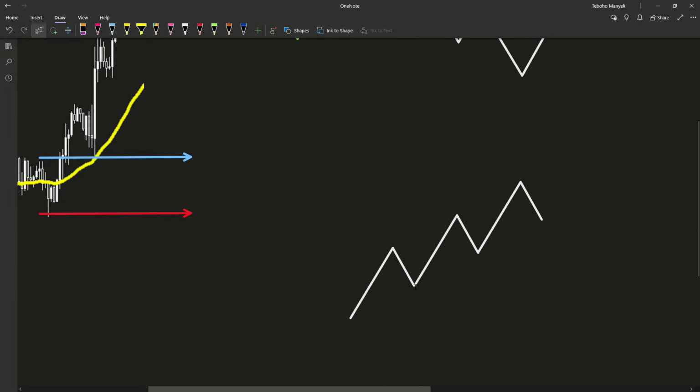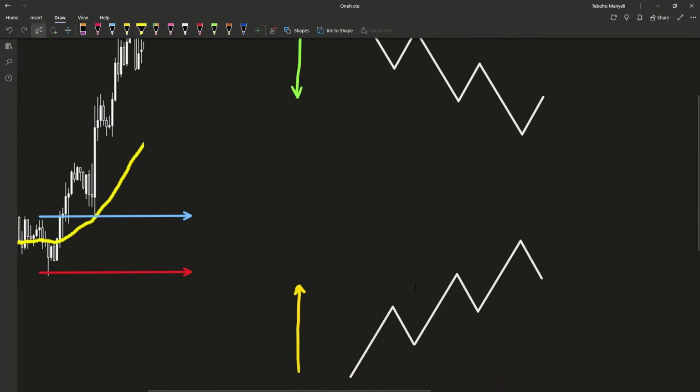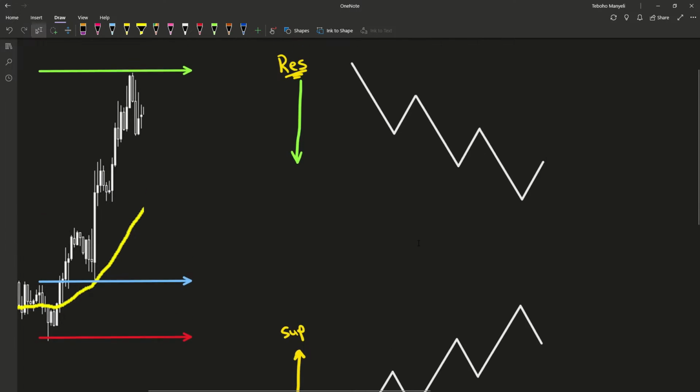Likewise, if the market is going upwards, it means the moving average should then also dictate the support levels, okay? Because it's pointless for us to sell in an overall bullish market, okay?